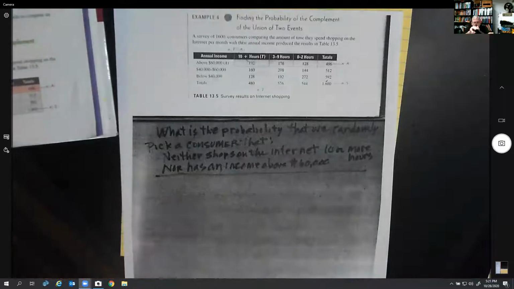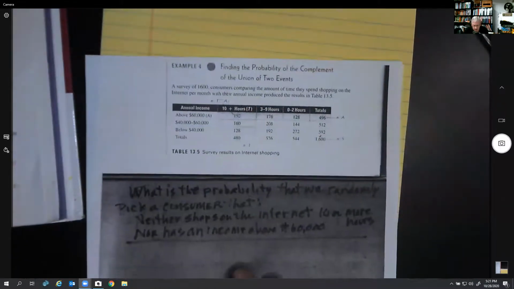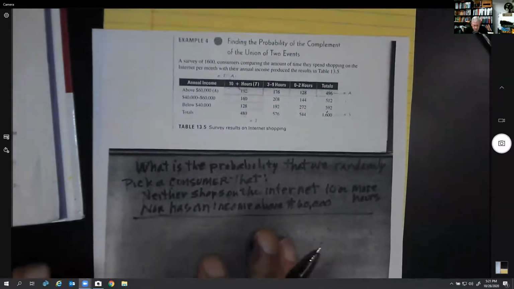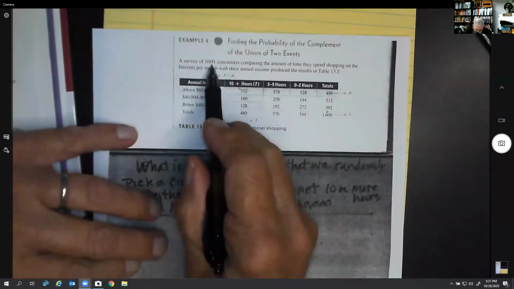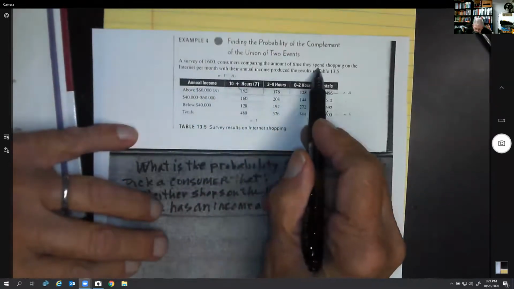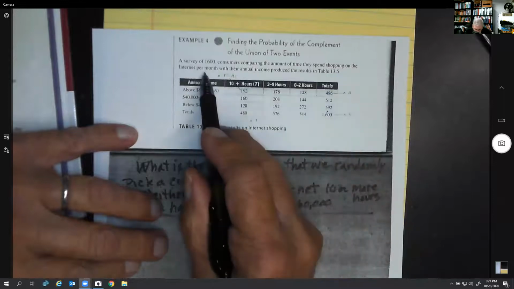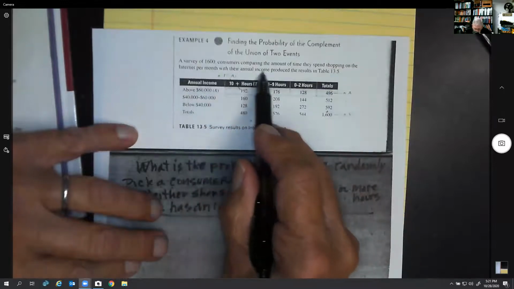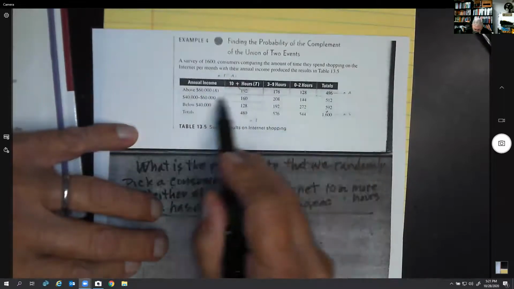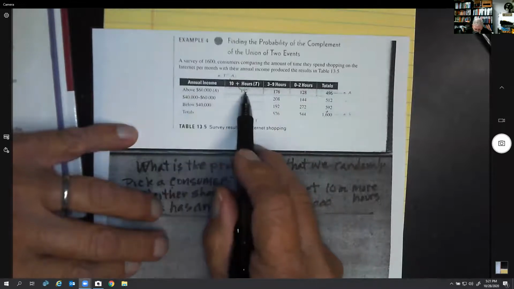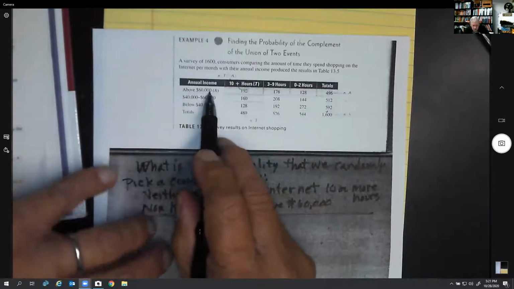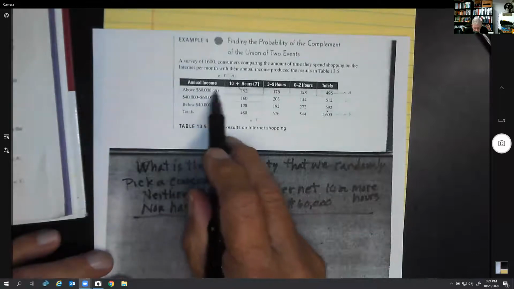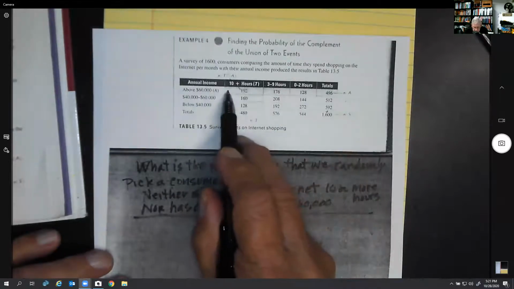Okay, up here they have, let's see, maybe a little bit bigger. They have some kind of a chart up here. It says a survey of 1,600 customers comparing the amount of time they spend shopping on the internet per month with their annual income produced these results. And some of these people earned above $60,000. All these people earned above $60,000.